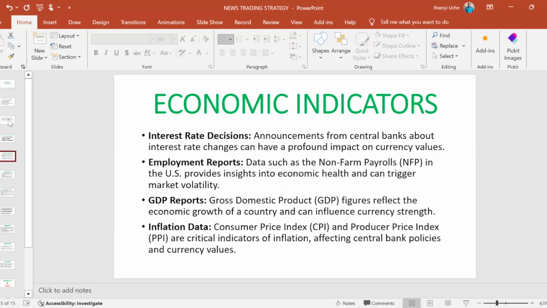Now, under economic indicators, you are considering interest rate decisions and employment reports. Central banks will announce rate changes from time to time, and these things have a profound impact on currency values. For example, if a central bank observes that inflation is getting high, prices of goods and items are rising astronomically, in order to control it, they will want to raise the interest rate.